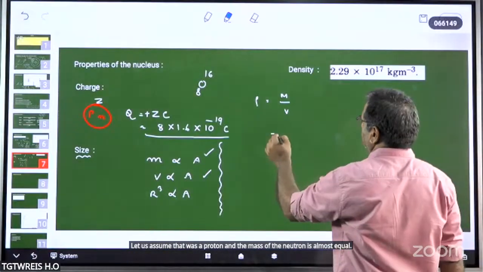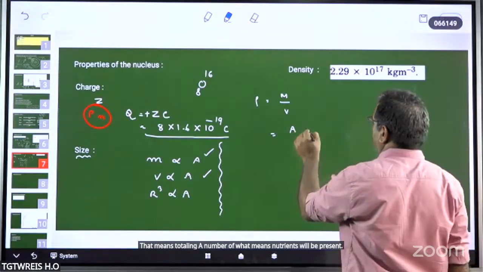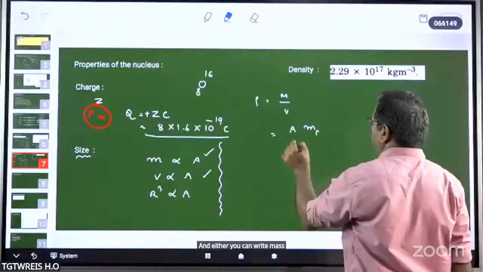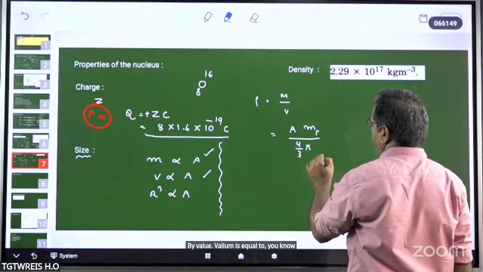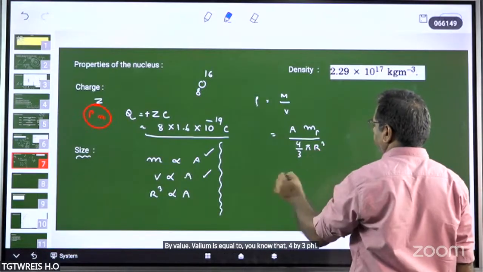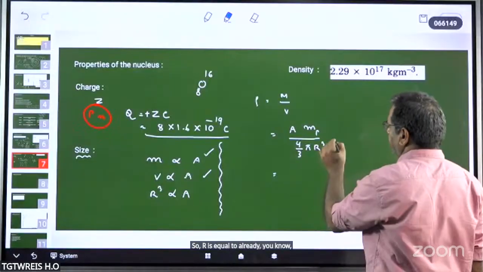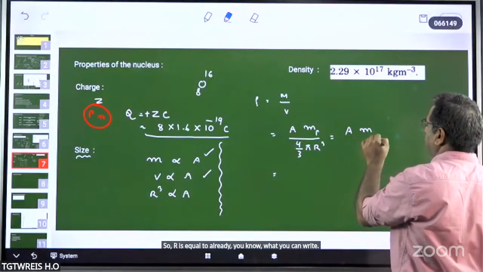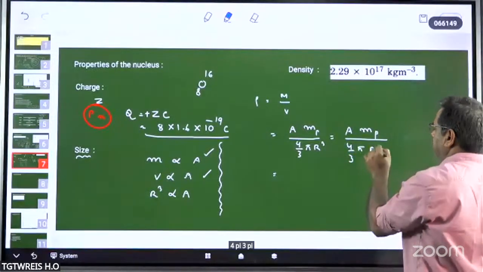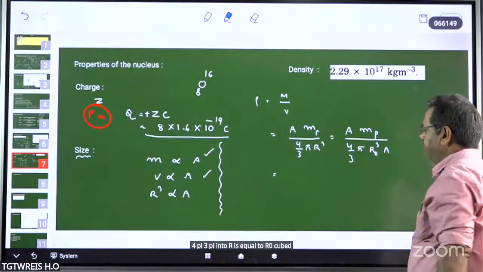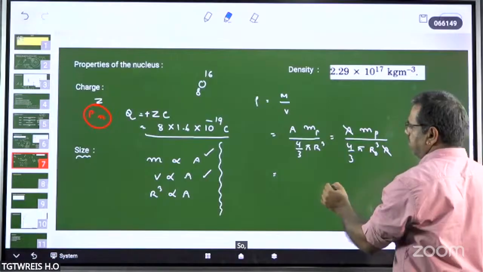That means the total number of nucleons present is A, so you can write A times the mass of the proton by volume. Volume is 4 by 3 pi R cube, with R cube equal to R naught cube into A. So A gets cancelled.